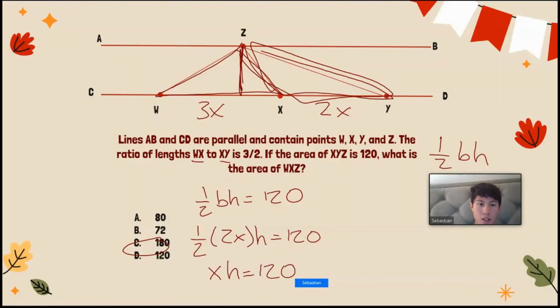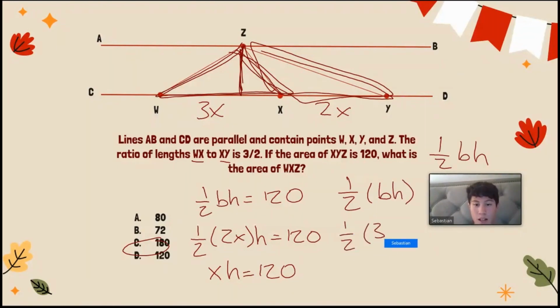Now for this triangle, WXZ, we can set up the same equation. 1/2 base times height gives us 1/2. Our base is 3x. Our height is still h, and we know what x times h is. So 3/2 times xh, which is 120, gives us 180.